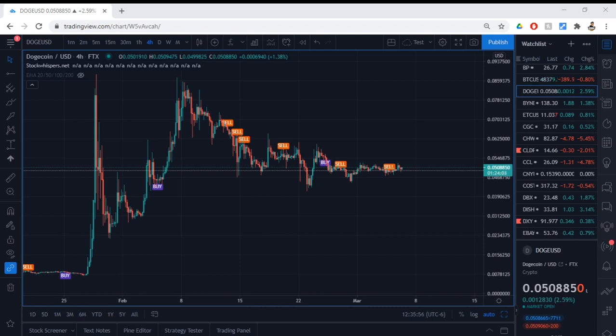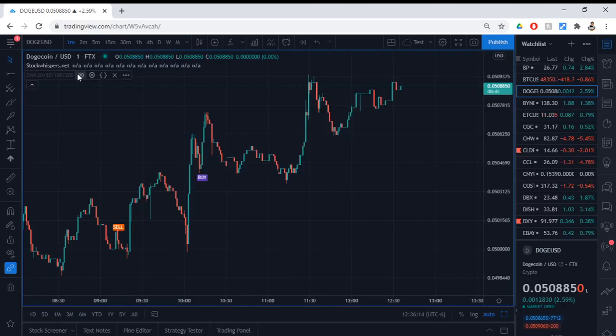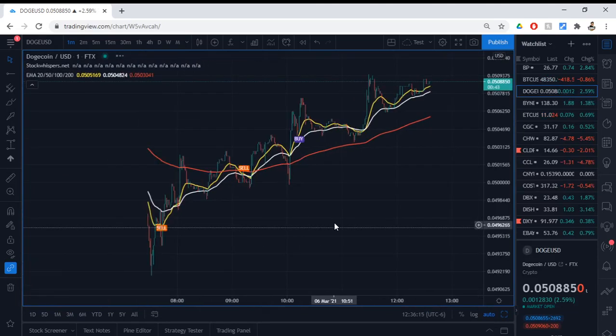Did everyone understand how you can use the moving averages to trade using the direction, I guess?